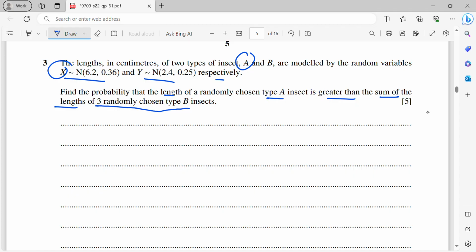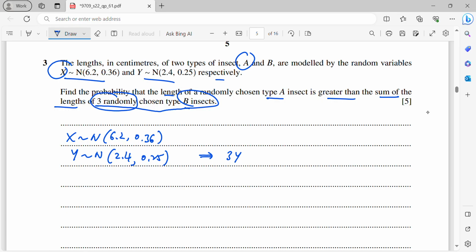Now what to do here: X is normally distributed with mean 6.2 and variance 0.36, and Y is normally distributed with mean 2.4 and variance 0.25. Now you need to find 3 of type B, therefore I will get 3Y. This 3 is basically the total, the sum.